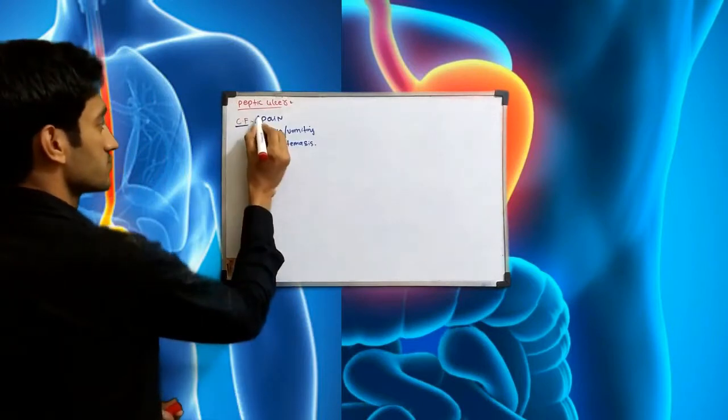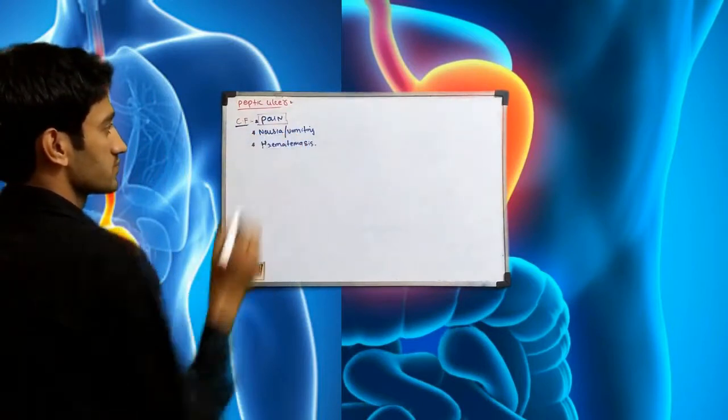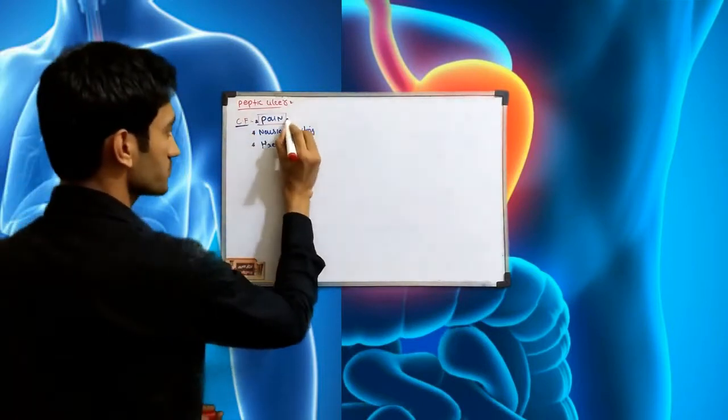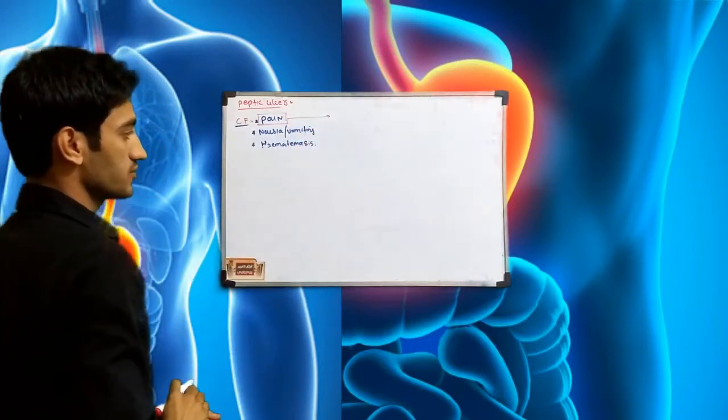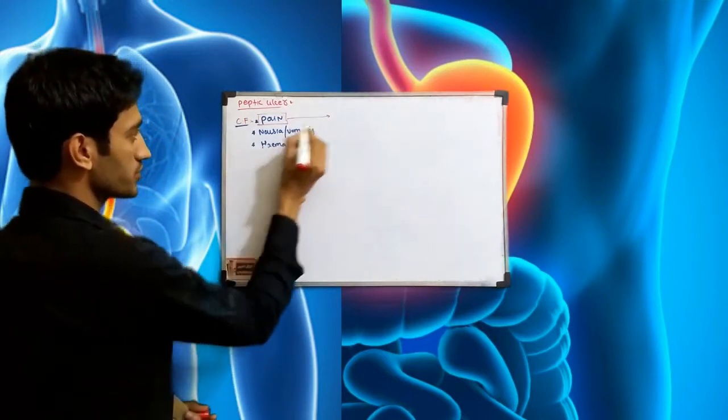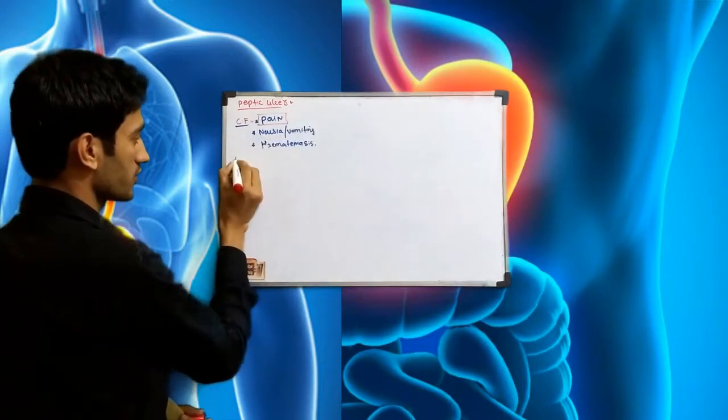The clinical features include three main things: pain, nausea and vomiting, and hematemesis. Here we will talk in detail about the pain. First of all, we will discuss the pain in detail.